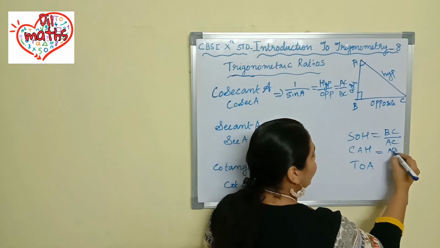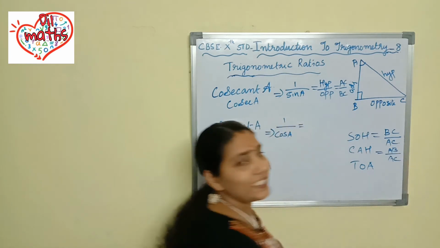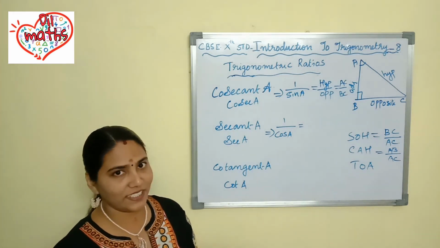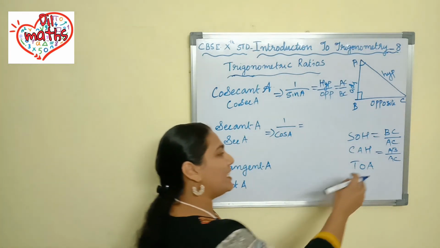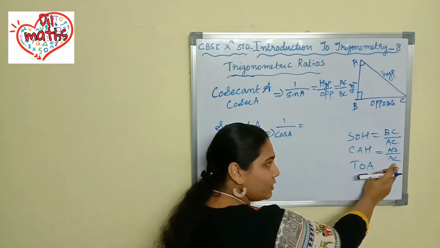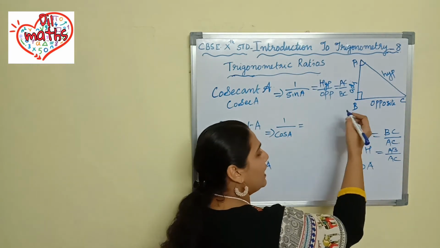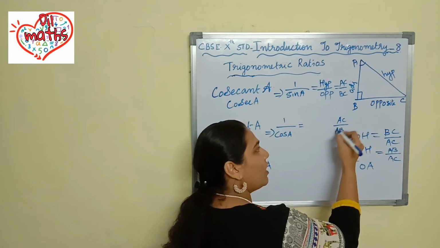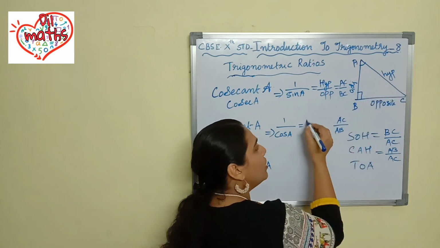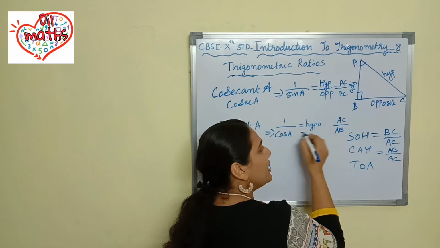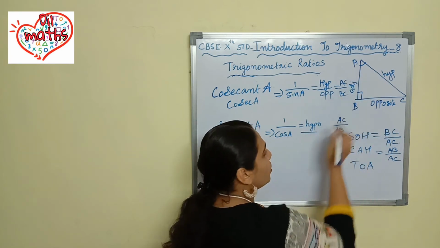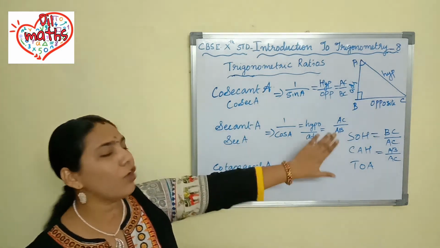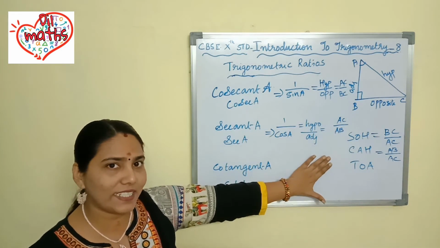AB divided by AC was cos A, and what will be secant A? Reciprocal of this one. Reciprocal of this one will be AC divided by AB. What is AC here? Hypotenuse. And what is AB here? Adjacent side. So sec A is equal to hypotenuse divided by adjacent side.